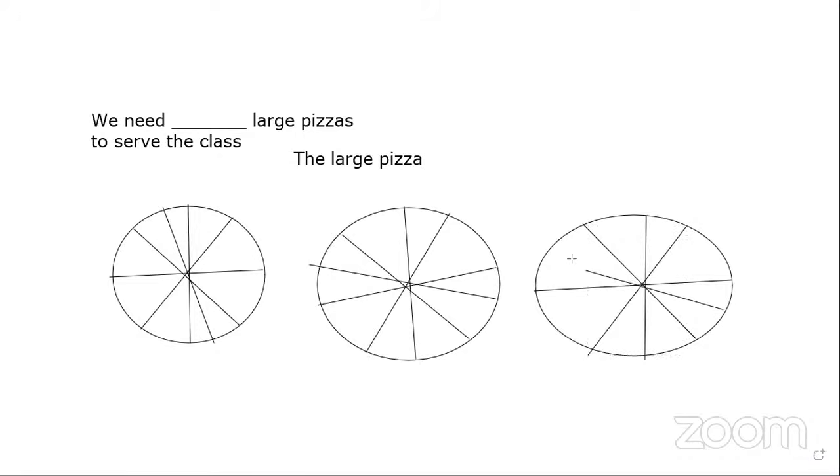And then let me get my 10 slices. So I know 10 times 3 are, I could just count them, are 10 plus 10 plus 10. 3 large pizzas will give me 30 slices. 3 large pizzas will give us 30 slices.